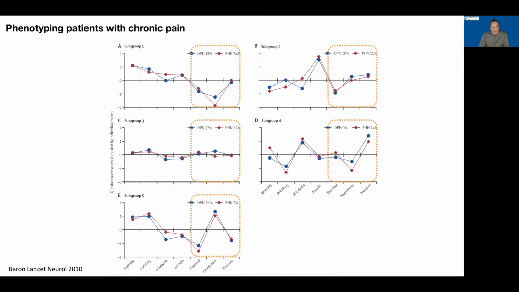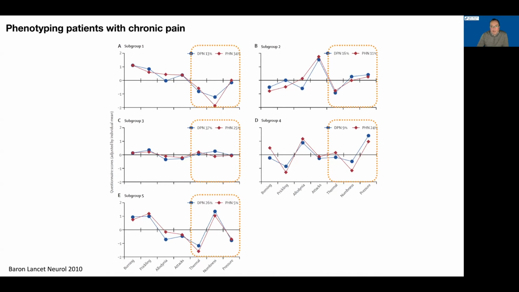He also queried these patients. So some patients had burning pain, others had prickling pain, some had allodynia, some had attacks. But if you look at the last three measurements, they are thermal related, numbness related, or pressure related. They were performed with the QST.